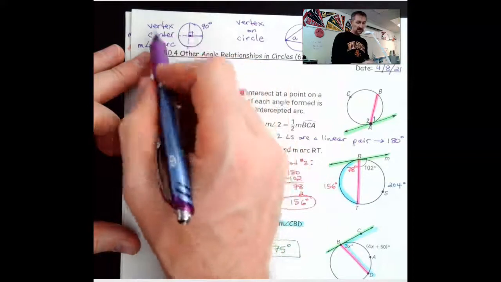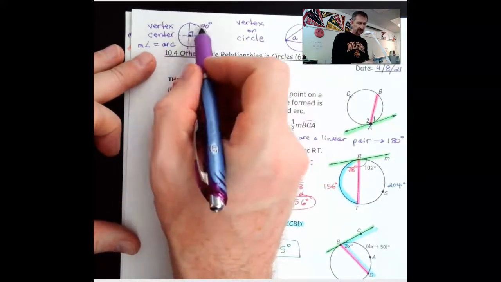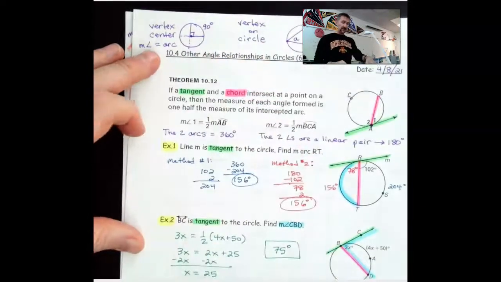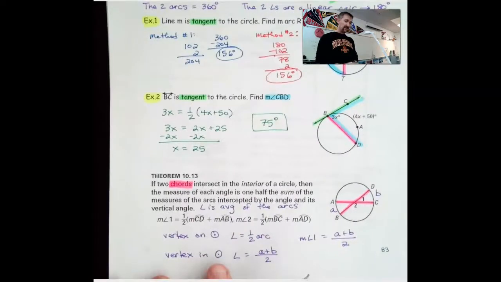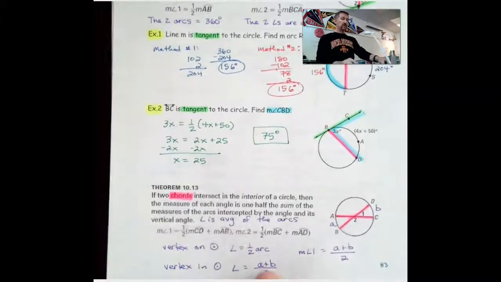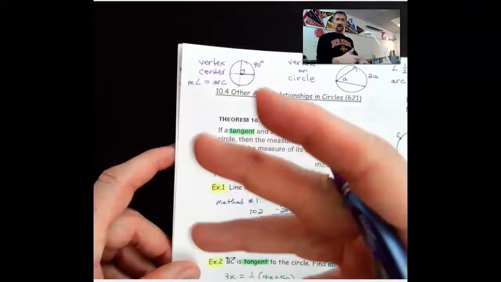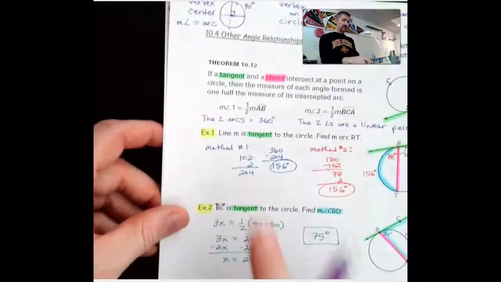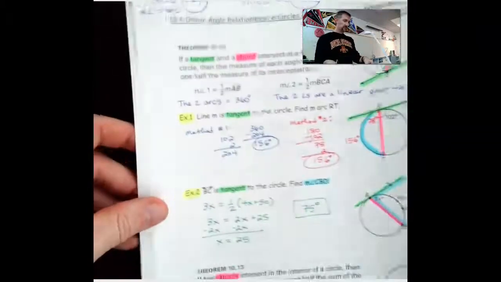So it's easier, when the angle's vertex is the center of the circle, to just set those equal to each other, and we don't have to do this extra step. But the point is, if the vertex is in the circle, we could use this formula up here if we wanted to, just to show that the formula does work anytime the vertex is in the circle. But we should just set those equal.